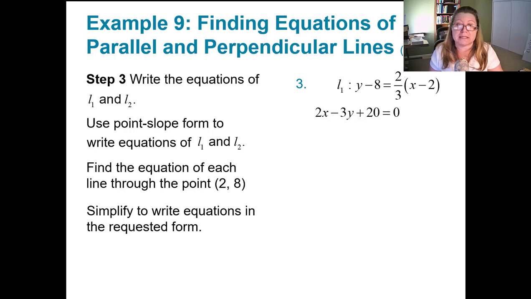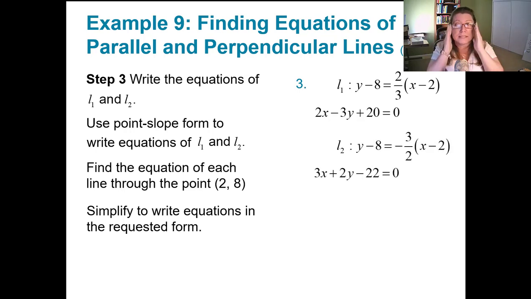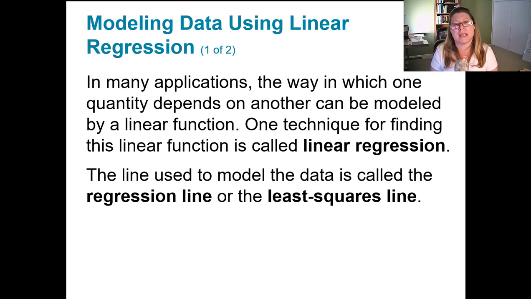Finding the perpendicular line, we use the same point, but the opposite reciprocal for our slope. Doing that mathematically, we get 3x plus 2y minus 22 equals 0.